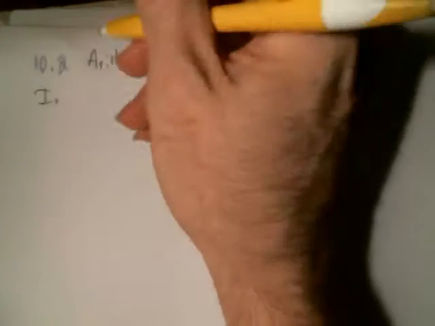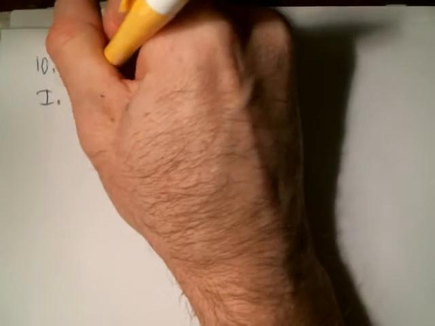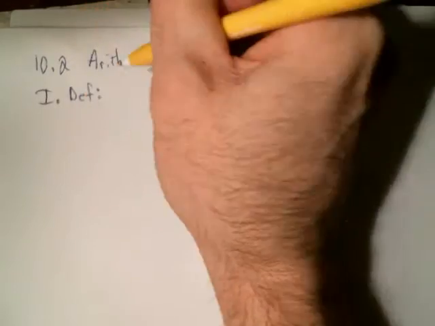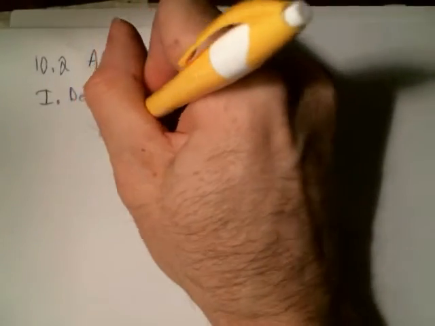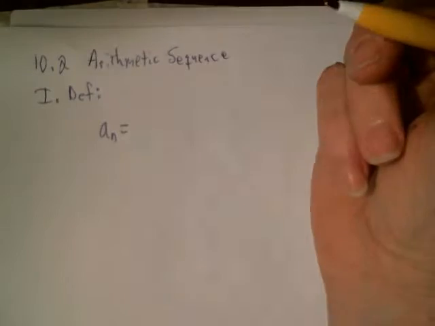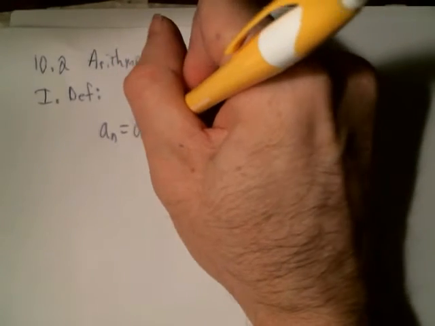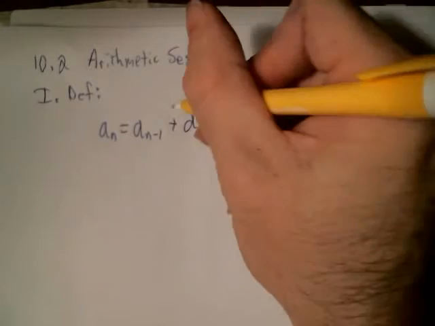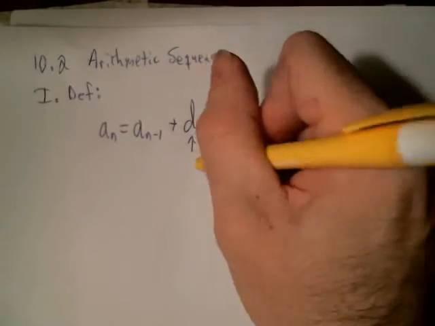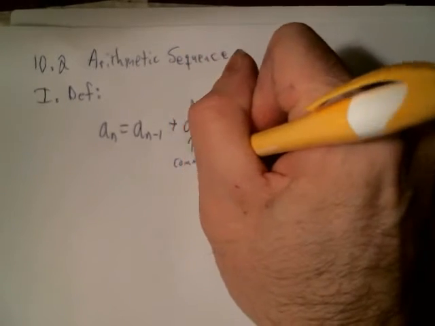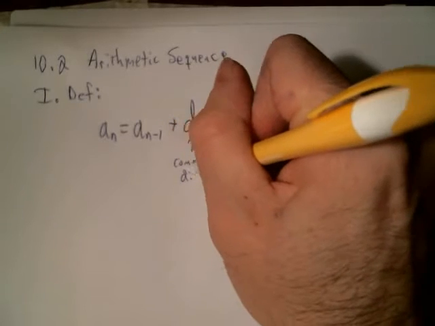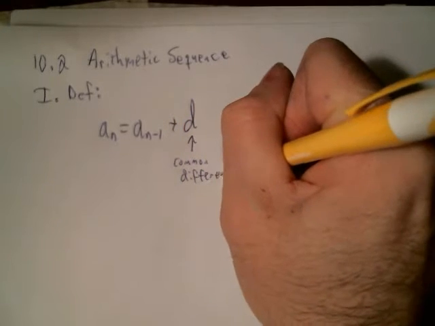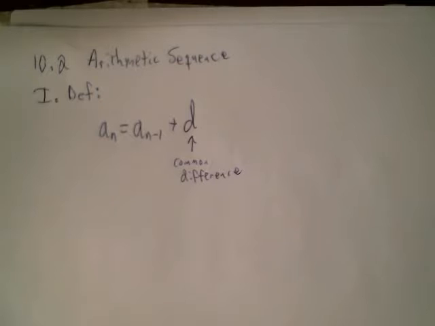So the general definition, and this is a recursive definition, is that a sub n is equal to a sub n minus 1 plus some value. And this value here is called the common difference. Right?